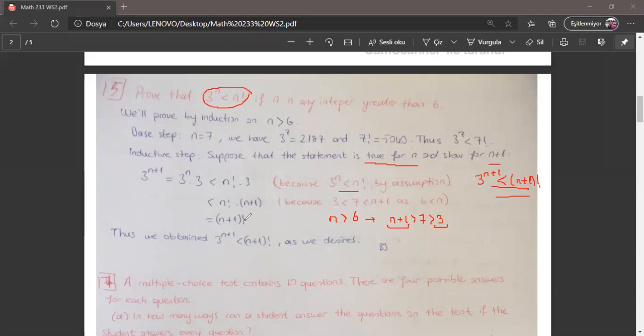So at the end, we had 3 to the n plus 1, which is less than this, and less than that, which is equal to this. So we get 3 to the n plus 1 less than n plus 1 factorial. So we proved by induction that this is true for any n greater than 6.